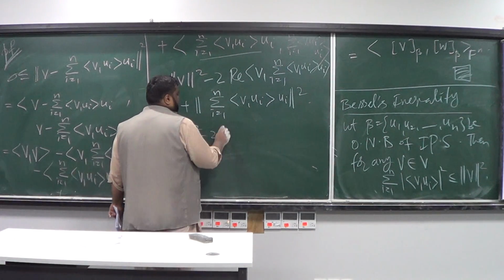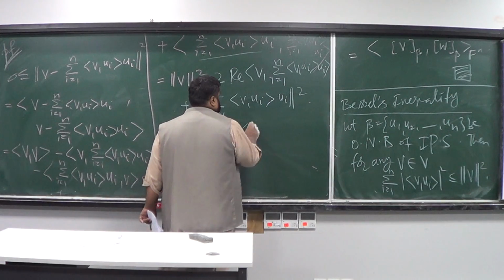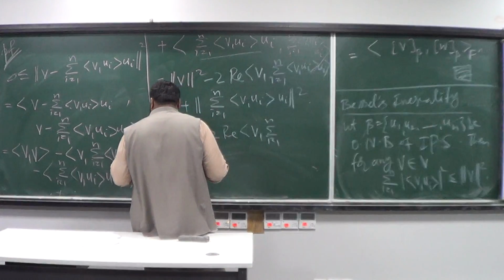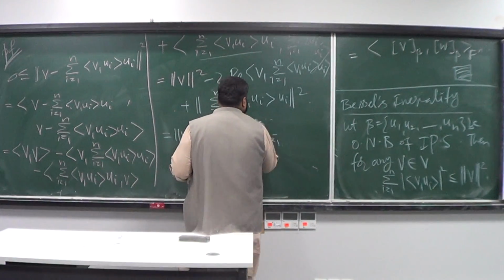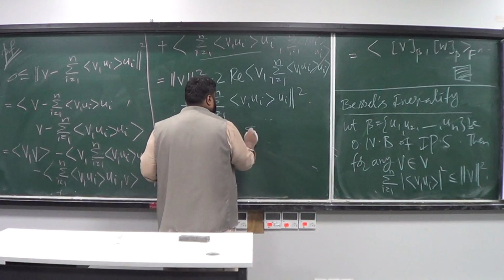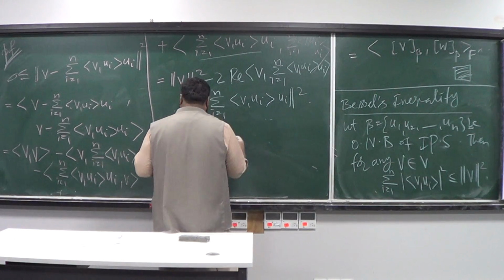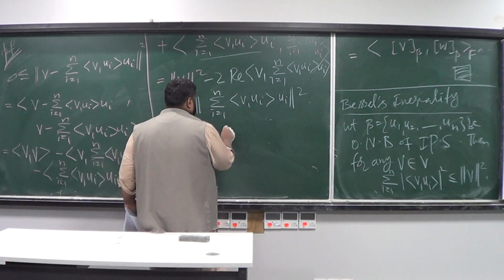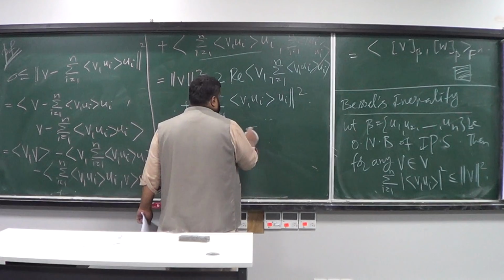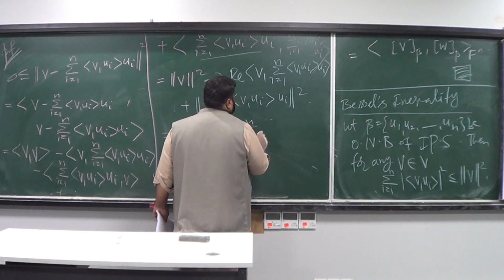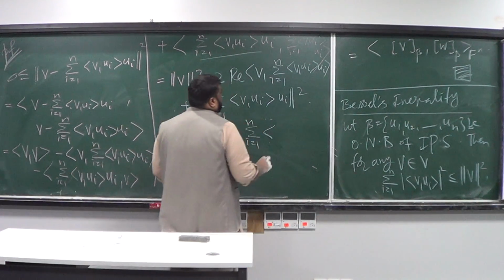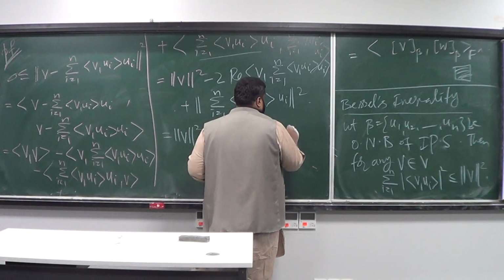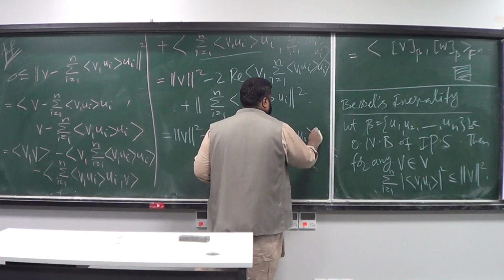So you're going to get that this is equal to 2 times the real part of v with the sum from i equal to 1 to n. Okay, if you wish, you can pull this sum out. You're going to have the sum of 2 times the real part of the inner product of v with (v, ui) ui.